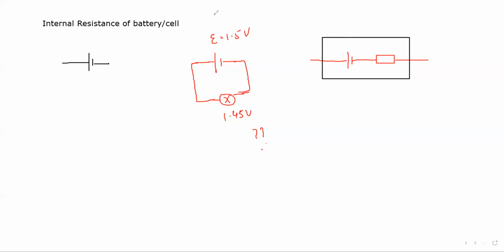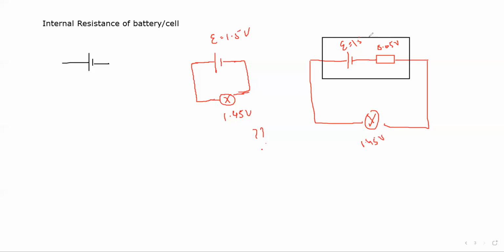So when we connect a bulb or a lamp, why is the lamp not receiving the same voltage? The reason is, for example, if the electromotive force or EMF of the cell was 1.5, some of the voltage, like 0.05, is lost in the internal resistance, so the remaining 1.45 is transferred to the external circuit.